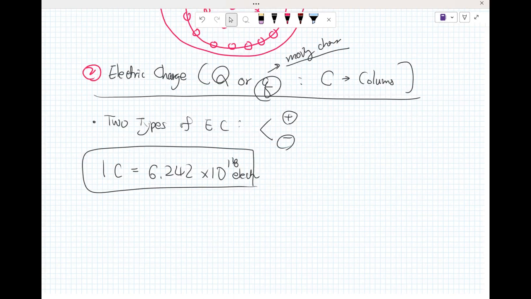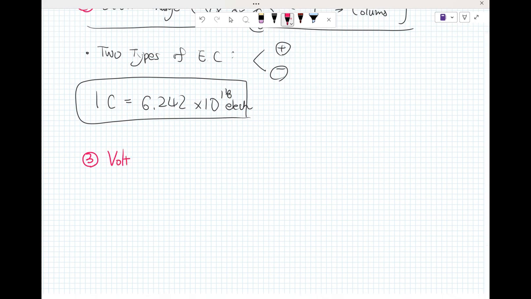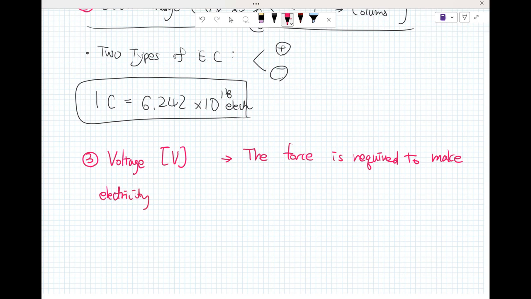Voltage. Voltage is V. It is the force required to make electricity flow through a conductor.